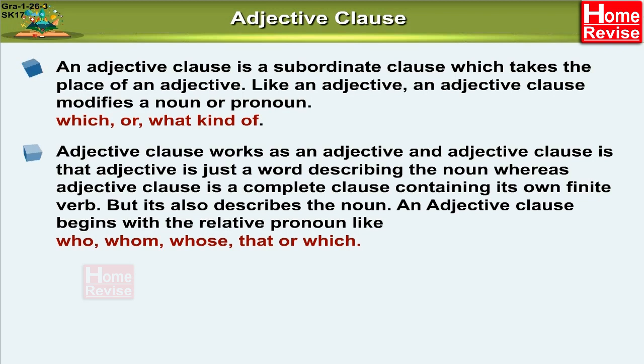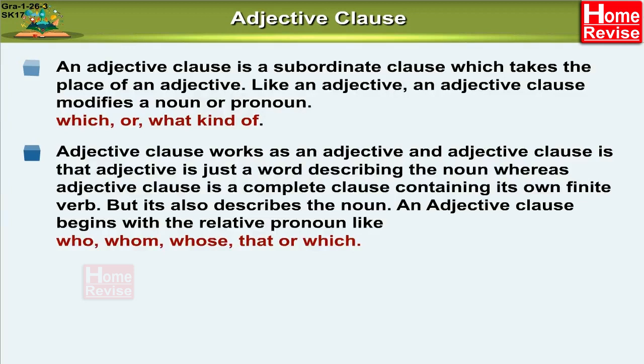The only difference between an adjective and an adjective clause is that an adjective is just a word describing the noun, whereas an adjective clause is a complete clause containing its own finite verb, but it also describes the noun.